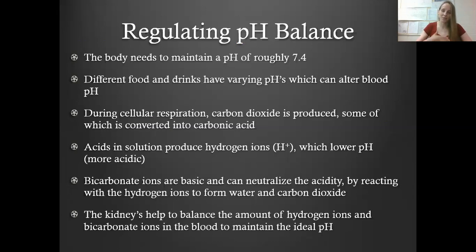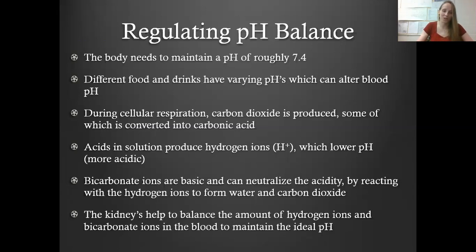But that is something that's constantly happening. We're constantly breathing out carbon dioxide. But in the process of getting carbon dioxide from our cells, where cellular respiration is producing it, to our lungs where we can breathe it out, some of the carbon dioxide dissolves in our blood and turns into carbonic acid.